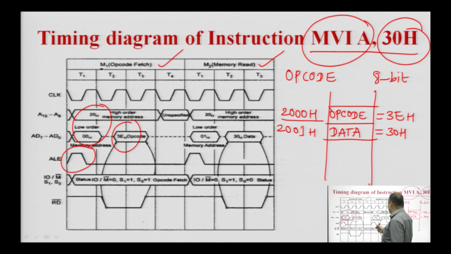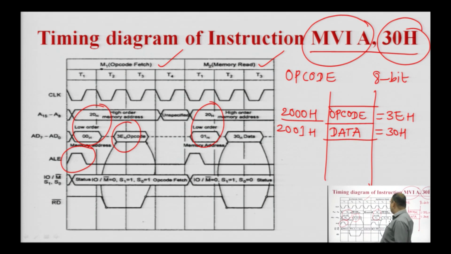Then the next memory location. The memory read machine cycle is used to read the data from the memory location having address 2001H. So, with the help of the address lines A0 to A15, the next memory location address, that is 2001H, is carried by the microprocessor.